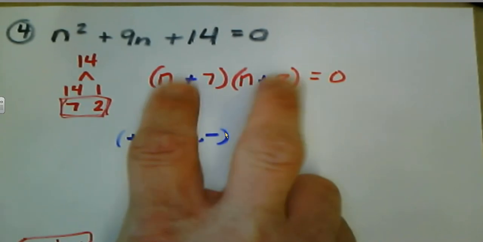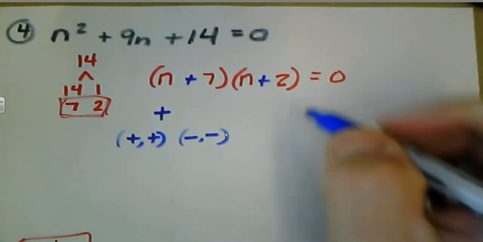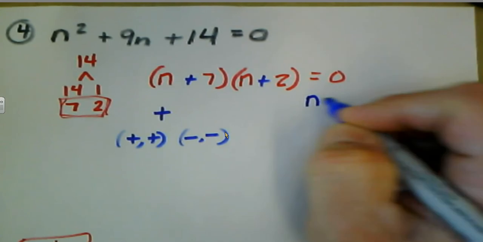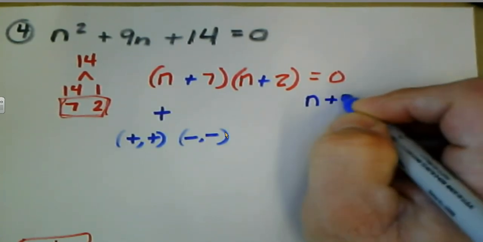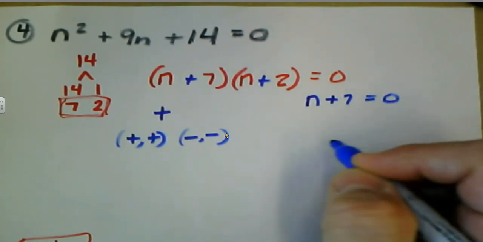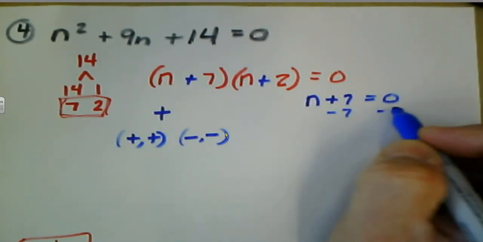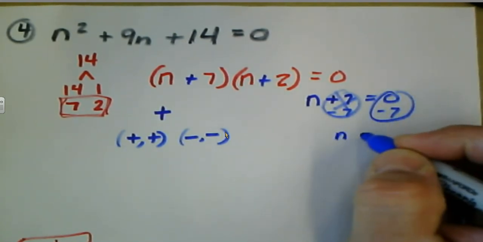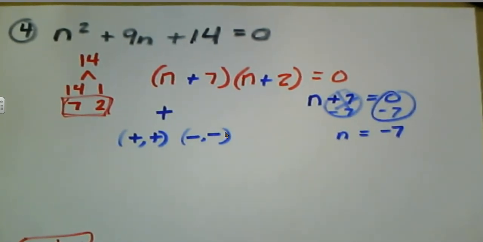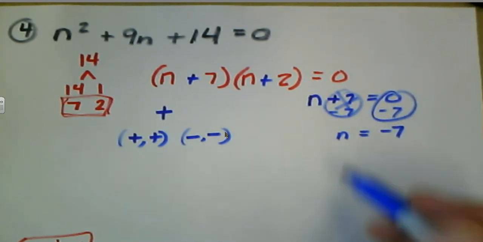So these are our factors right here. If you're asked for factors, this is as far as you need to go. If you're asked for the x's or the intercepts or the zeros, you're going to need to set each one of those to 0, and that's why it's called the zeros. So we're subtracting 7 from both sides. Chris, you writing this down? 0 minus 7 is negative 7.